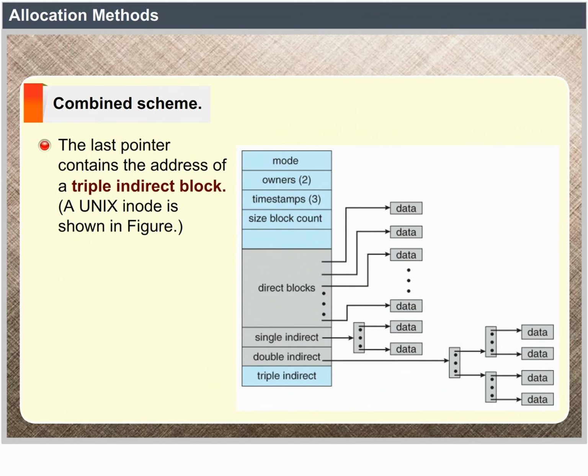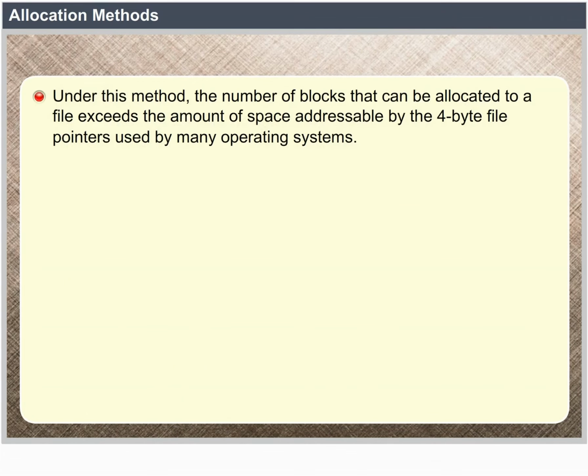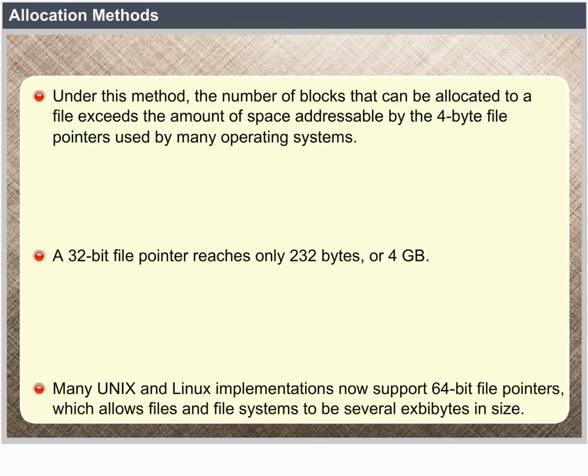Under this method, the number of blocks that can be allocated to a file exceeds the amount of space addressable by the 4-byte file pointers used by many operating systems. A 32-bit file pointer reaches only 2^32 bytes, or 4 GB. Many Unix and Linux implementations now support 64-bit file pointers, which allow files and file systems to be several exabytes in size.